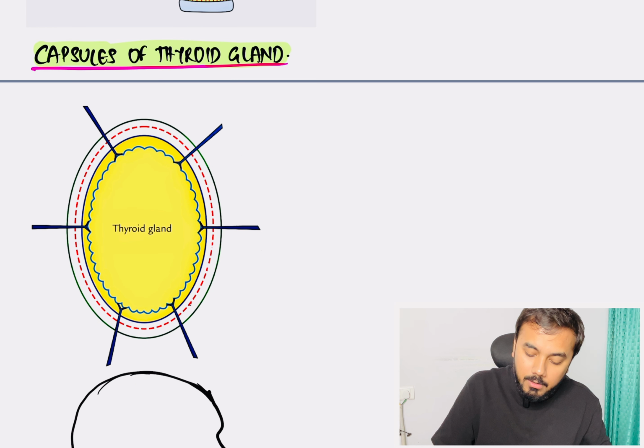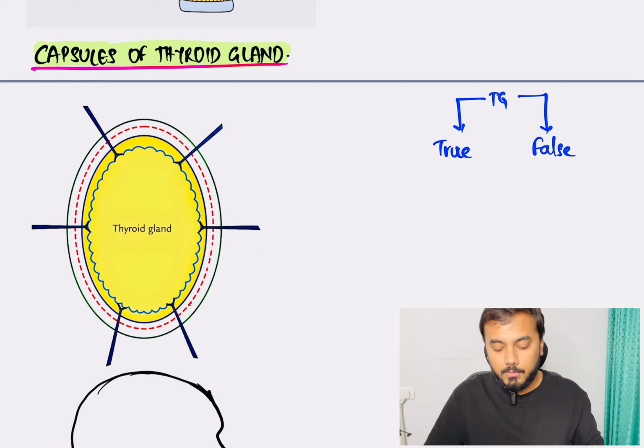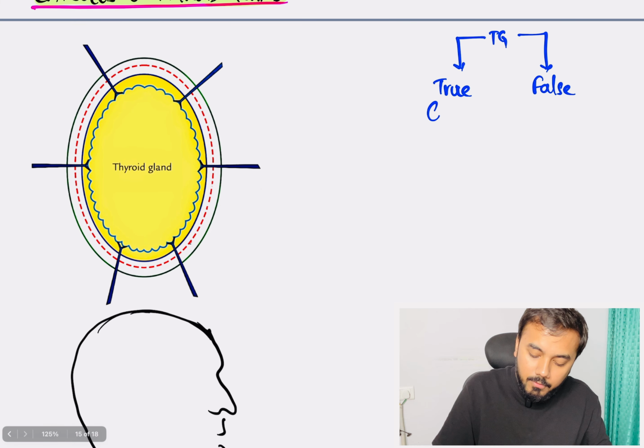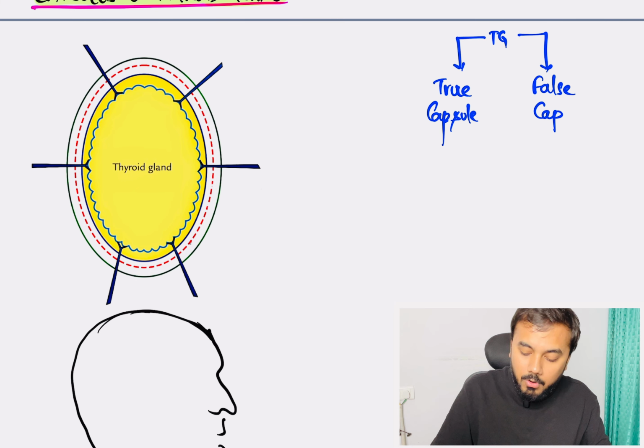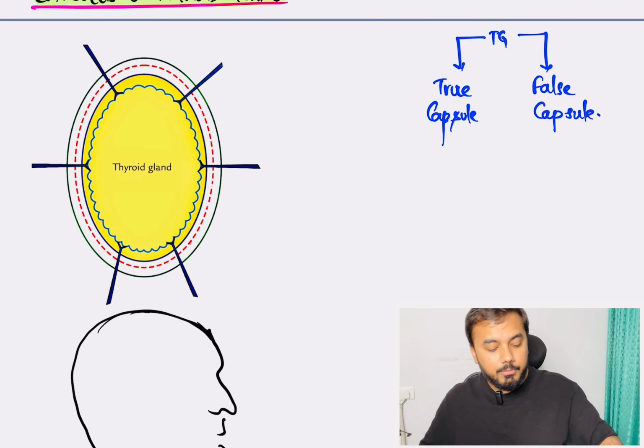Basically, this thyroid gland has two different types of capsules. One is called your true capsule, another one is called your false capsule. So first let us locate where this true capsule and false capsule are over here.